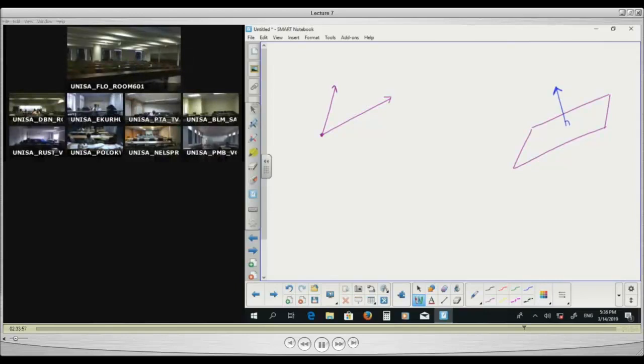Each plane in R3 is completely determined.